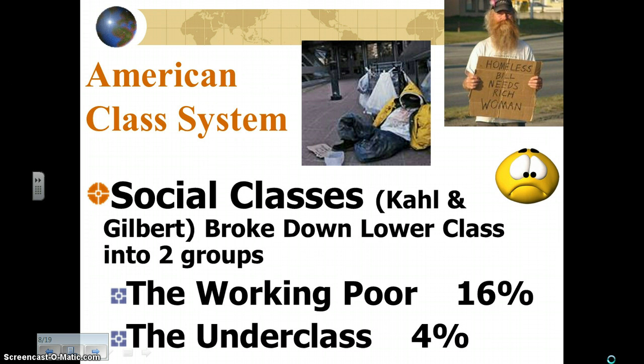Many of these people are homeless. A lot of times their chief source of income is some type of public assistance, and every day for these people is a struggle for survival. They never know for sure where or when their next meal is actually going to come. So for these people, generally we're talking about less than $10,000 in income on a yearly basis.